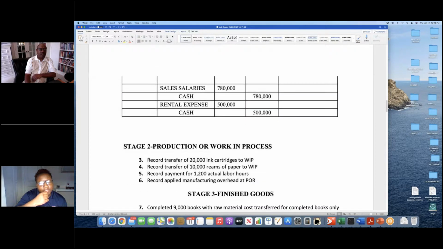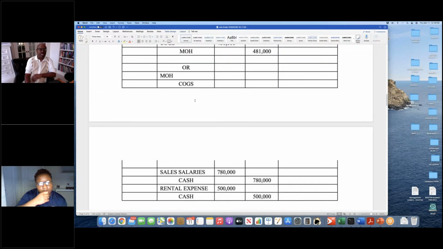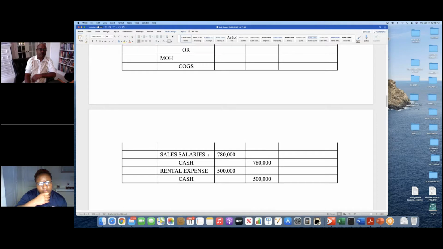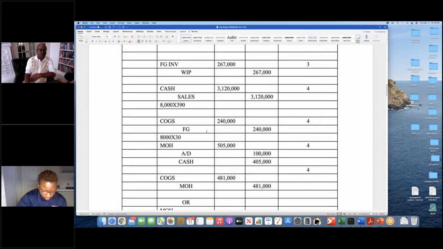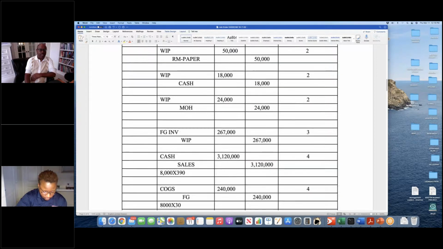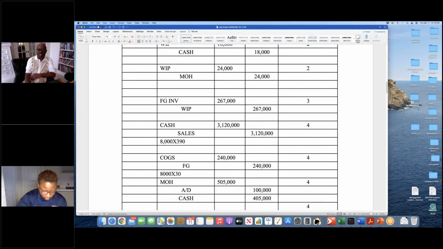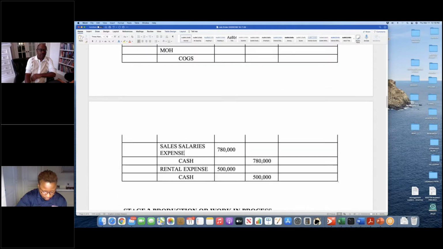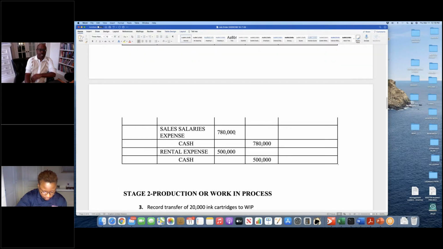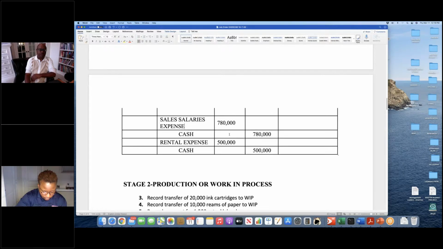Sales only has one entry out of this whole thing. We did credit it. This is a sales salary expense. When salesmen are selling stuff, a lot of the time they're paid a percentage. They sold 3,120,000. They were paid 25% of it, 780,000. Oh, okay.